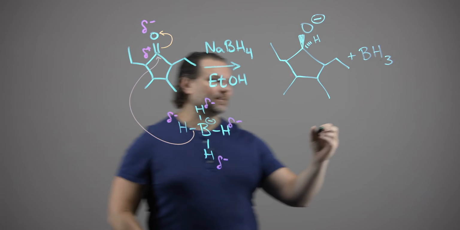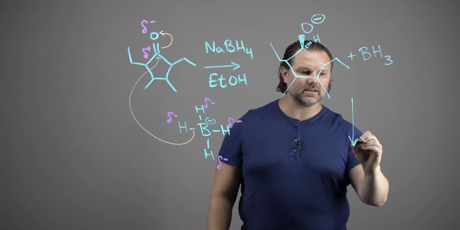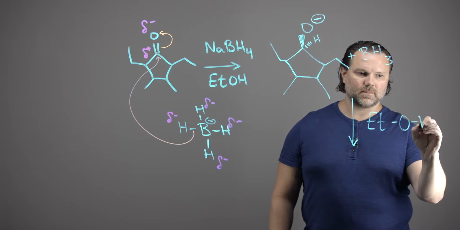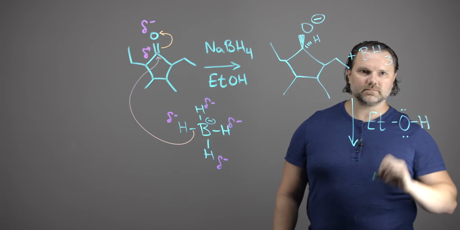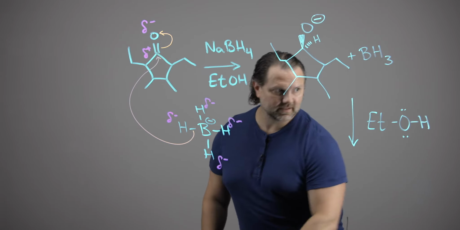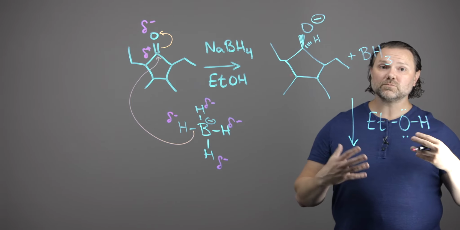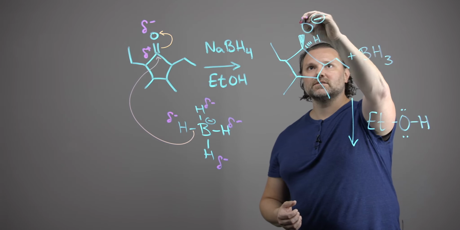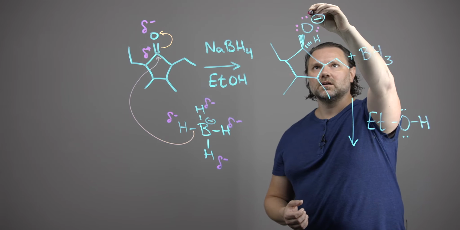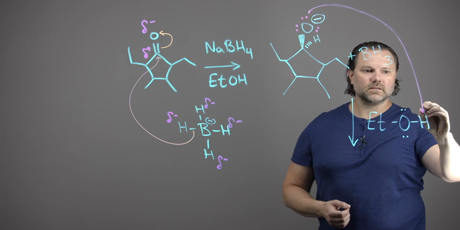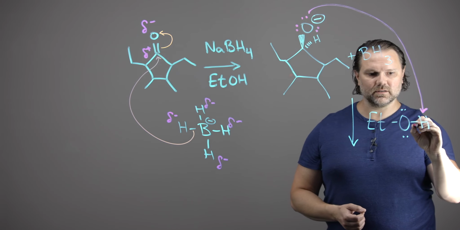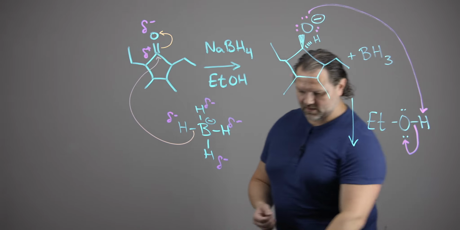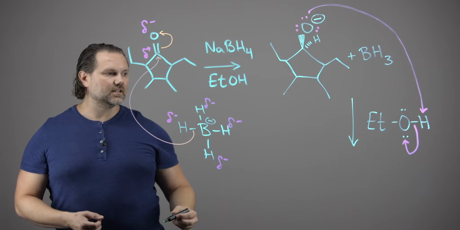So let's draw that. We now have this reacting with ethanol, and we can draw the electron pair, but which pair is attacking? Which pair is receiving? Here it's the negatively charged oxygen that will donate an electron pair to abstract this proton, and the bonding pair will move onto the oxygen, resulting in our products.